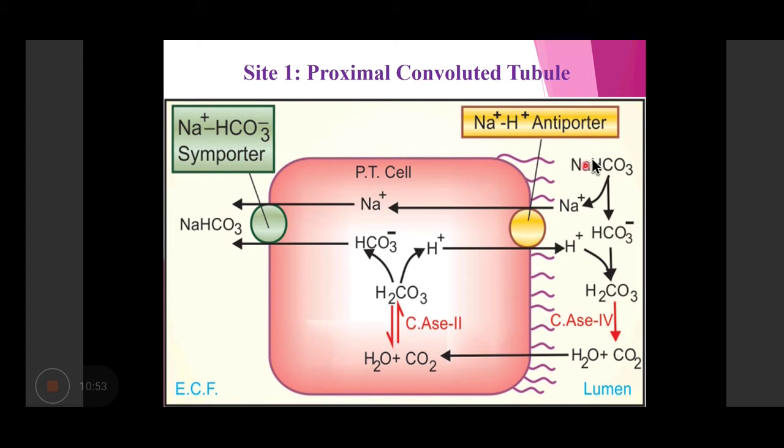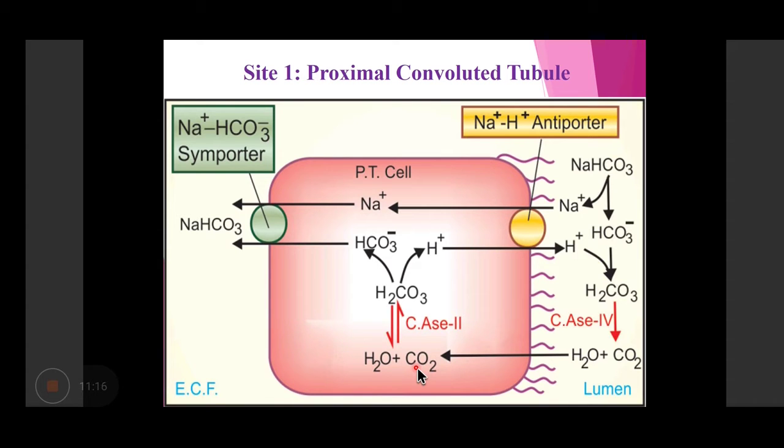There are other methods also by which sodium can get reabsorbed. Sodium can be reabsorbed along with glucose, along with amino acids, and of course by this elaborate mechanism which I've just told you. This is what is happening in the PCT.